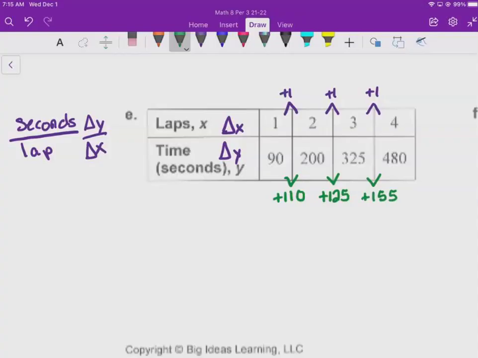Now, when I go through and look at this, I don't even need to know about 0, 0, because I can already tell that when I put these two together, that is 1 over 110, which does not equal 1 over 125, which does not equal 1 over 155. So this is not proportional.